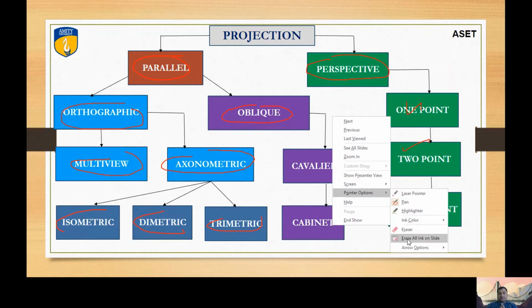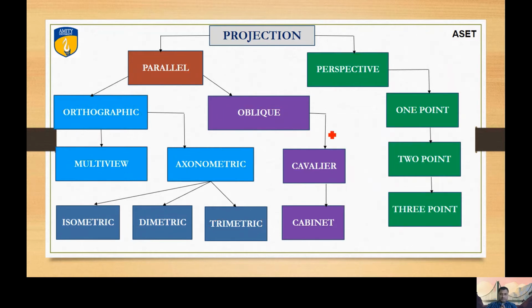Now these are the types of projection, but what we are going to focus on in our engineering drawing syllabus is parallel, and in parallel I will be focusing on orthographic and multi-view orthographic. Apart from that, we will also be covering axonometric, of isometric type, in the last module.